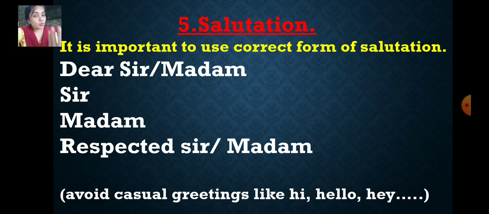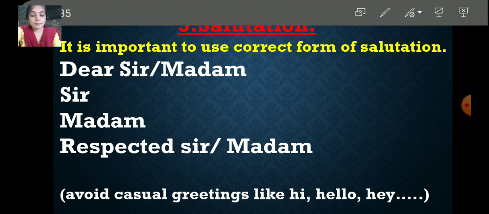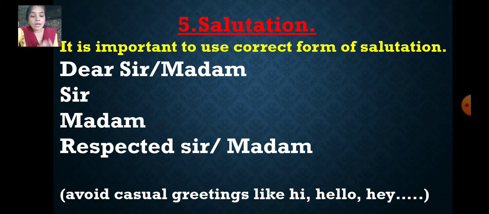We don't know to whom we are writing. We have not seen that person. So you will address them as Dear Sir or Madam, or only Sir or only Madam, or you can write Respected Sir or Madam. So this is how we are going to address.